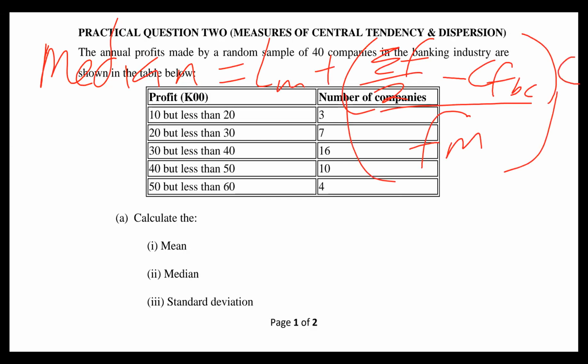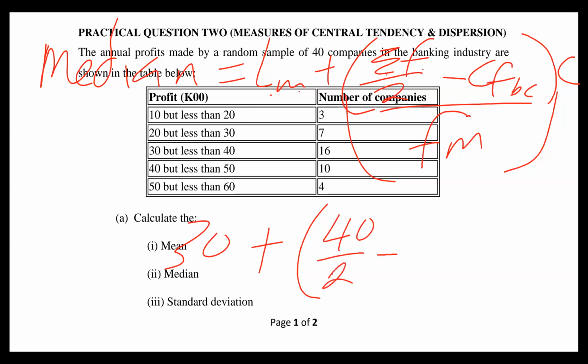Okay. So our lower class boundary was 30, right? It was 30 plus the summation of F. Summation of frequencies was 40, right? Divided by 2, minus the CFBC, which was 10. Then everything divided by the frequency of the median class.